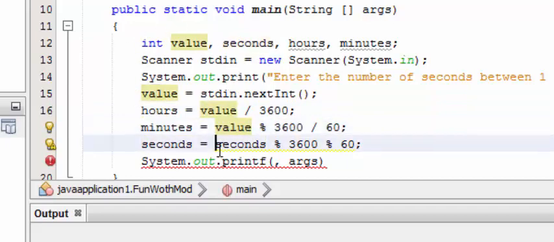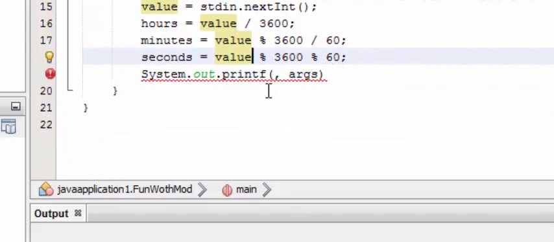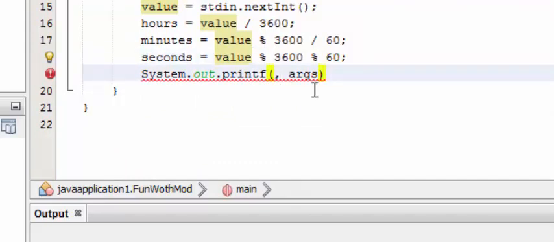So this is good for you to see the problem here because the old value of 10,000 wasn't saved somewhere because we changed the value that we captured by putting it into seconds. So now I'm going to be safe.